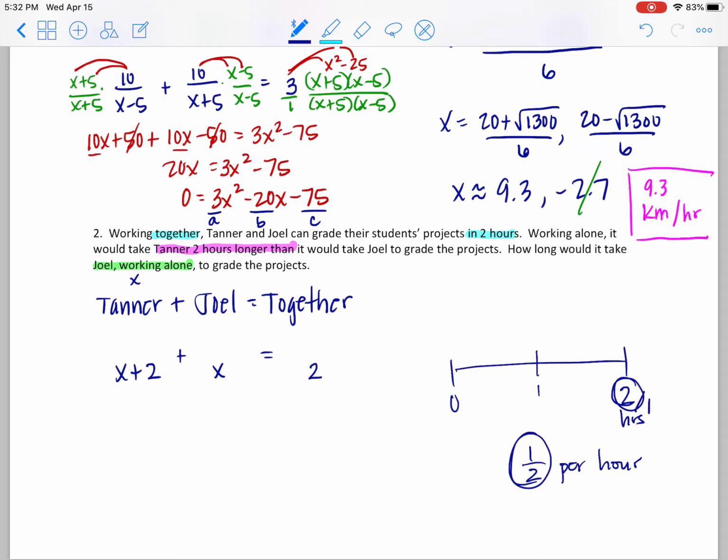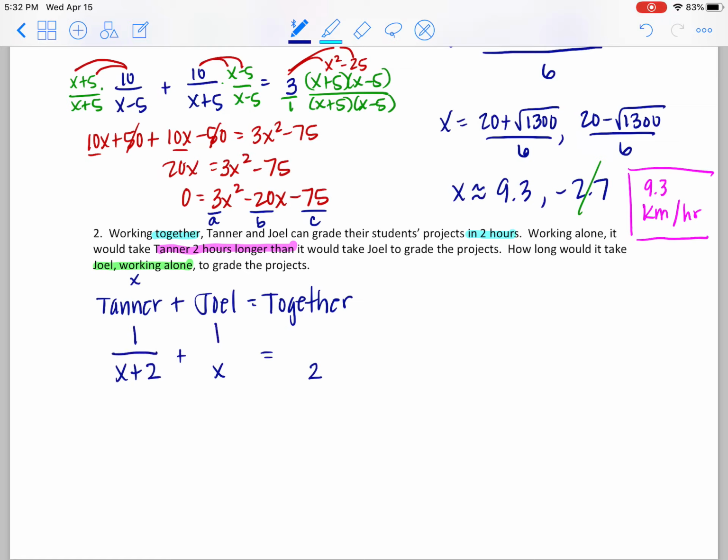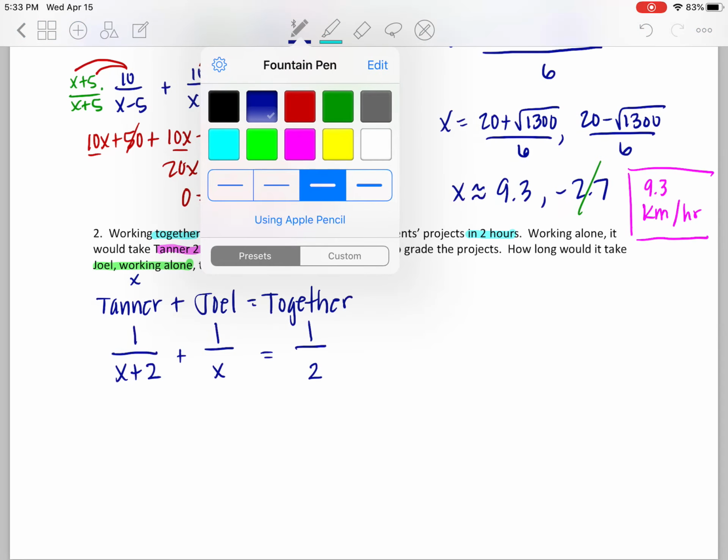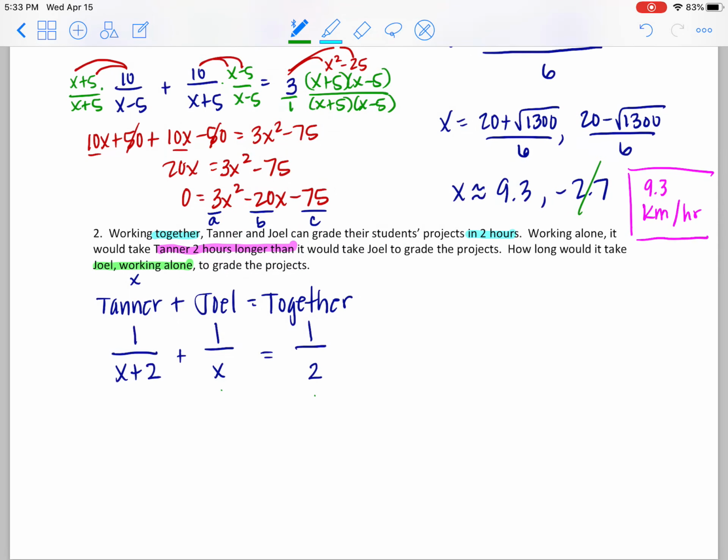So to go from the amount to the rate, which is what we need in our equation, we had to flip this number over, or technically, it's reciprocate the number, but we could just put a 1 over it. You could look back in your chapter 6 notes, there's more explanation there if you don't remember, but we're going to make this 1 over x plus 2, 1 over x, and 1 over 2. And now again, we don't have a quadratic equation, but if we get rid of the fractions, we will.